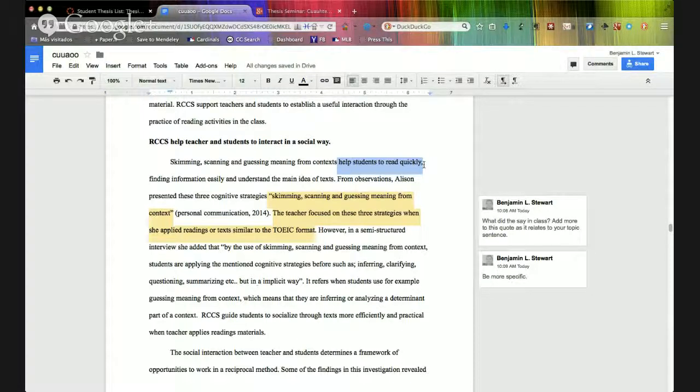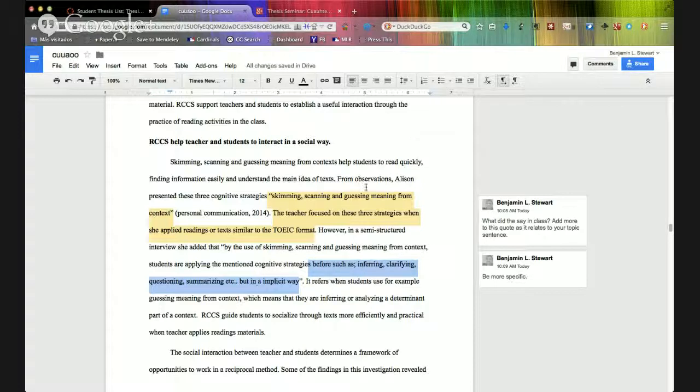Aquí estás diciendo la idea principal es, están utilizando este para leer más rápido. Pero aquí esta evidencia está diciendo que está haciendo esas estrategias para pensar, pues inferring, clarifying, como maybe critical thinking. Yeah, totally different. It's a little bit different.